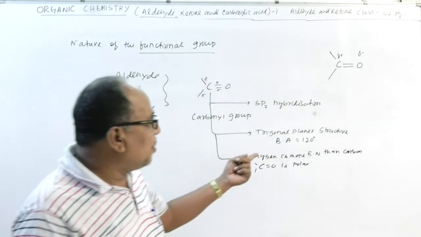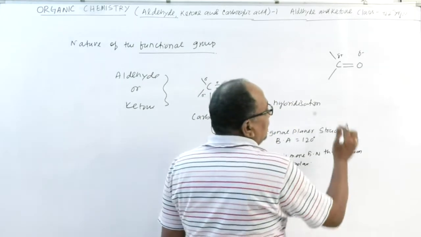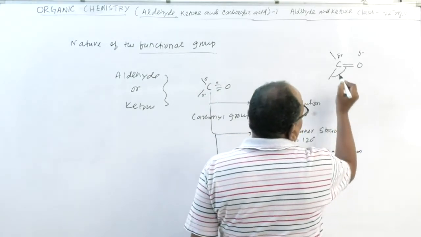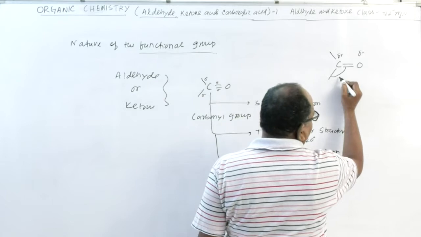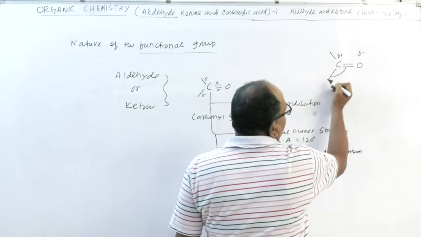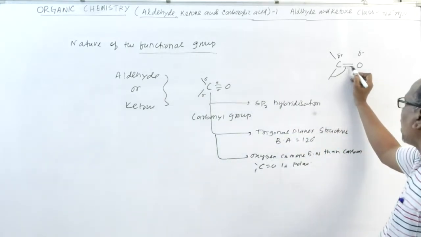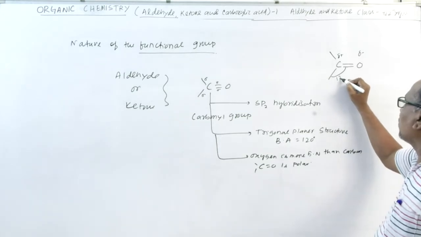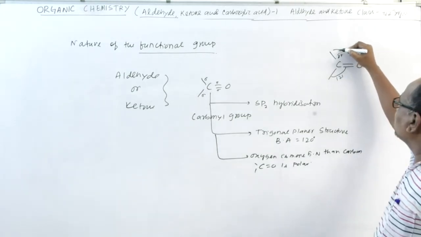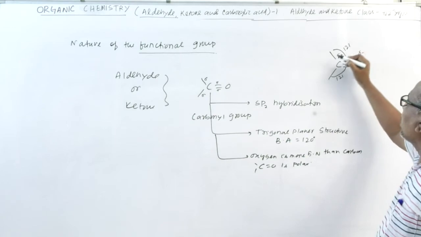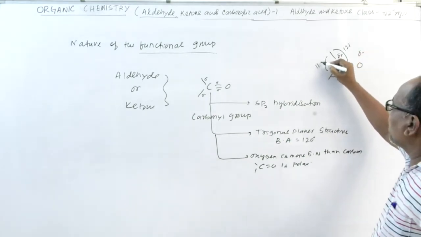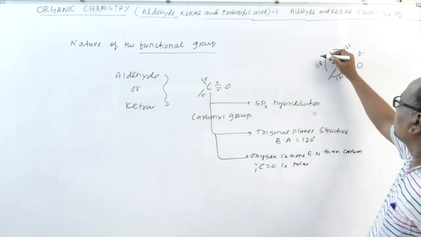And what about the bond angles? Due to trigonal geometry the bond angle is 120, but this angle is not 120. This is a little bit more due to the repulsion between this electron cloud and this electron. This is 121, this angle also 121, but this angle is 118 degree.